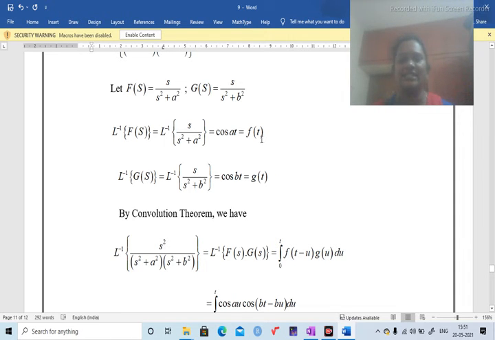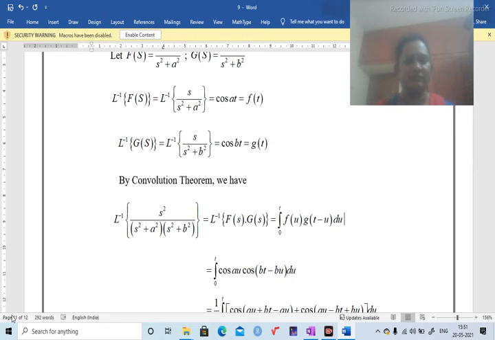Consider that as f of t and g of t. So by using convolution theorem, we have L inverse of s square by (s square plus a square) into (s square plus b square) equal to L inverse of f of s into g of s is equal to integration 0 to t f of u into g of t minus u du.